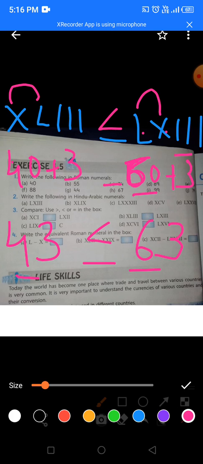So this is your answer. I hope children this is very easy to you. You have now understood it very clearly. This is question number B.